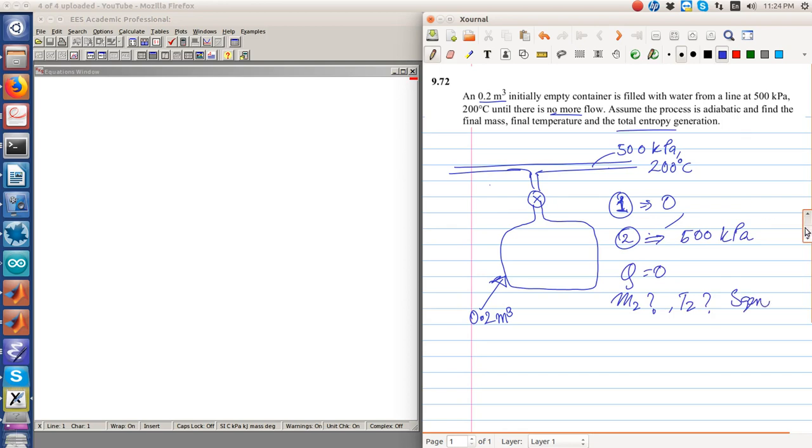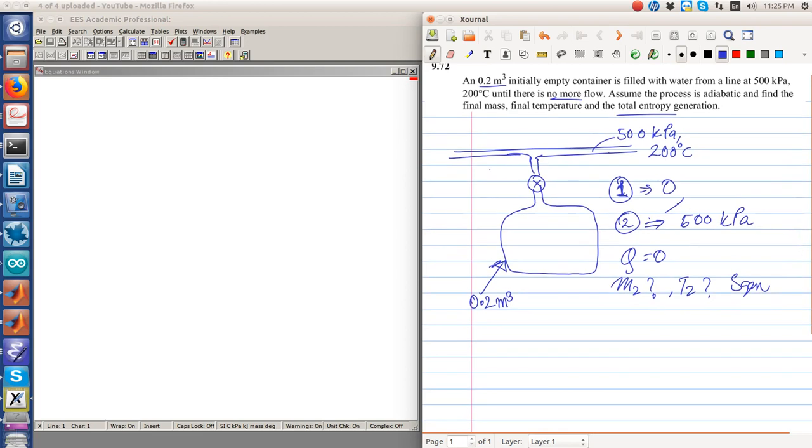Okay, using the conservation of mass, m2 minus m1 equal to mi minus me. So me is 0, there is no mass exiting the system, there is no initial mass, therefore m2 equal to mi. It is from the conservation of mass.